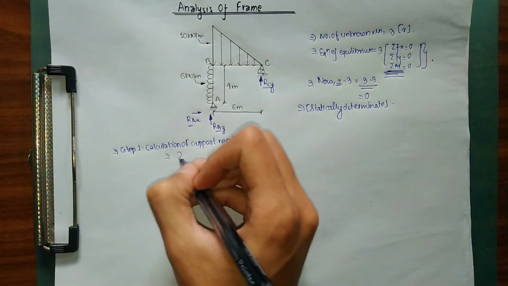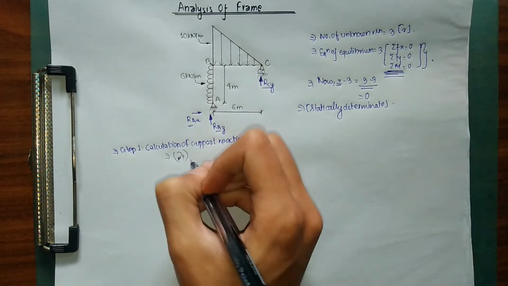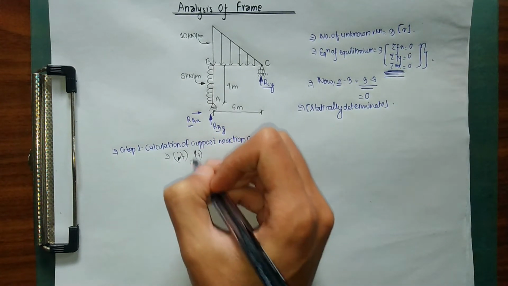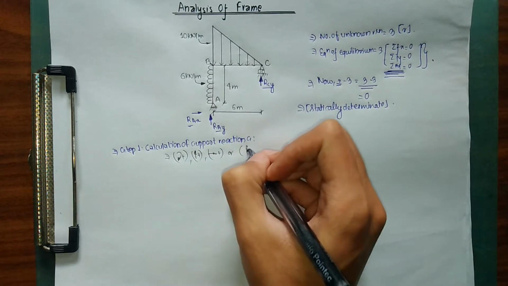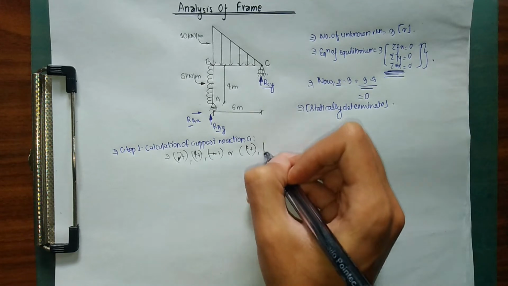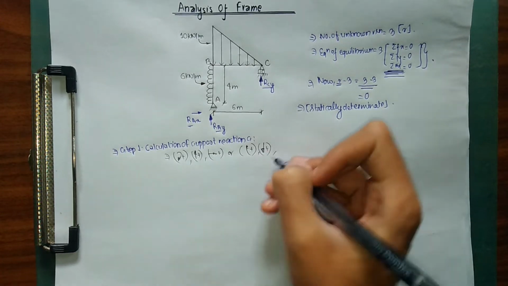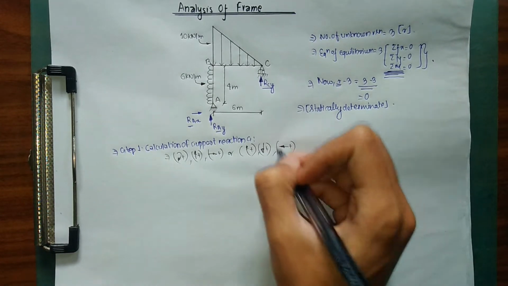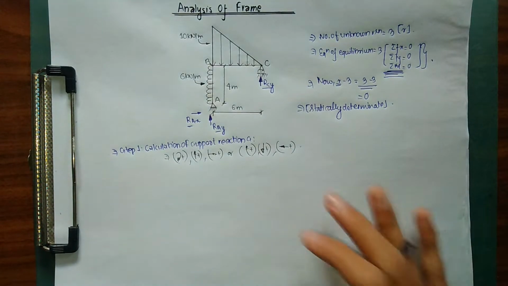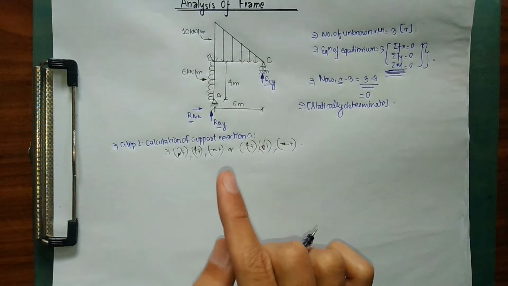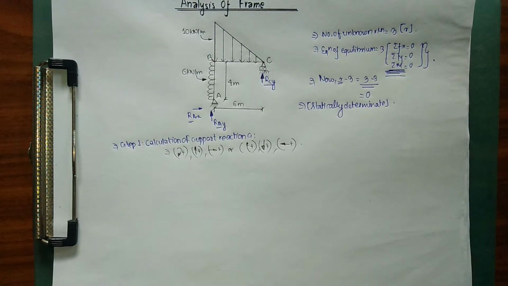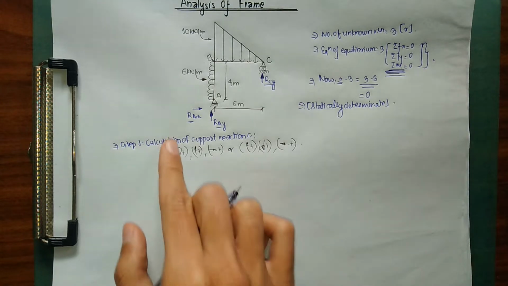We can take clockwise moment as positive, upward forces as positive, forces acting to the right as positive, or we can take anti-clockwise moment as positive, forces acting downward as positive, or forces acting to the left as positive. We don't need to follow any specific sign convention while calculating support reactions, but while calculating shear force and bending moment, we need to follow a specific sign convention, which I will talk about in the later part of the video.